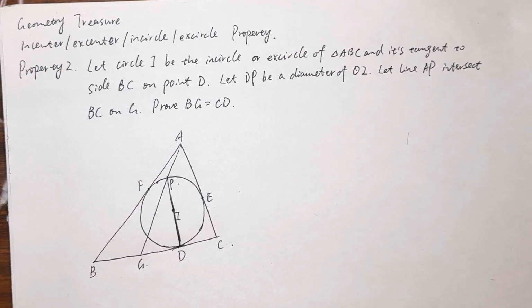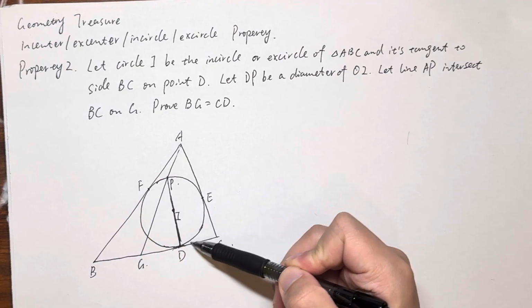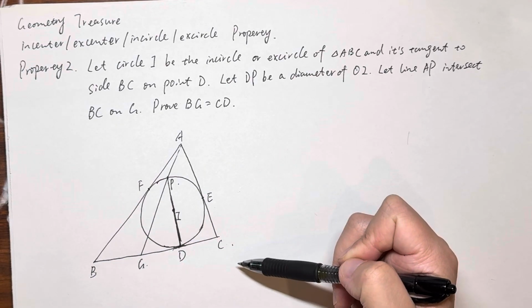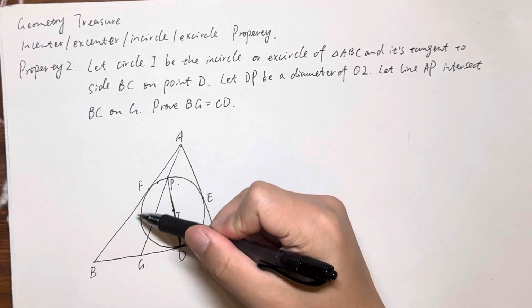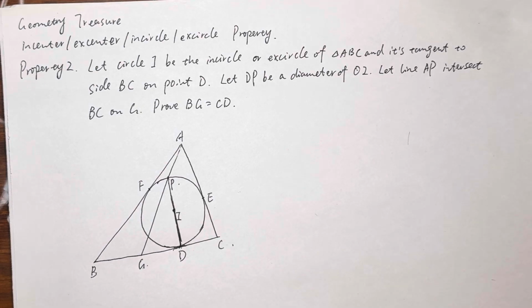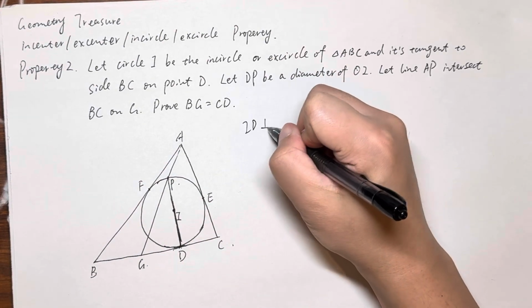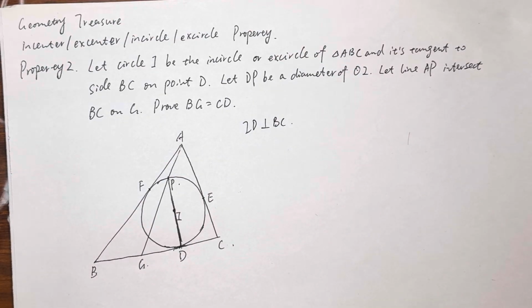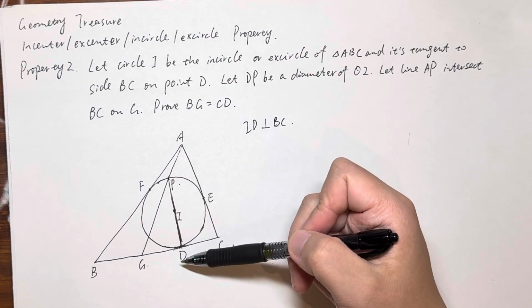We only know that I is an incircle of the triangle ABC, and we know that DP is a diameter of the circle I. So we know that ID is perpendicular to BC. And the question is how to use the condition that DP is a diameter, right?